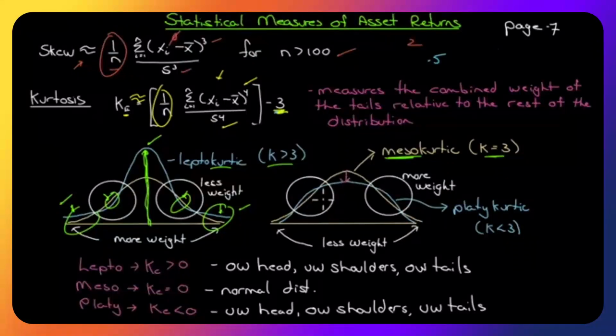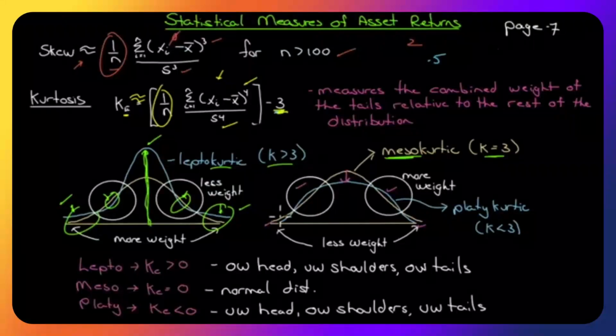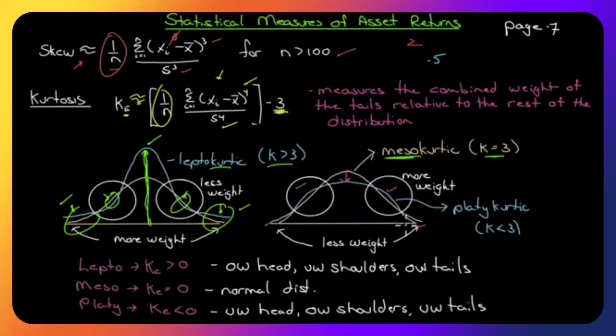There are fewer observations centered around the mean and many more observations around the shoulders. It's overweight the shoulders and underweight the tails. So since it is underweight the tails, it will have excess kurtosis less than 0. K will be less than 3. Its kurtosis will be less than 3.